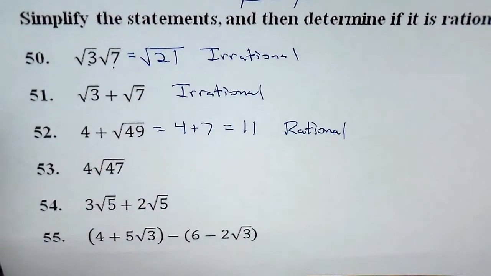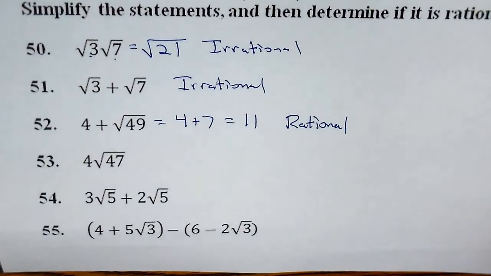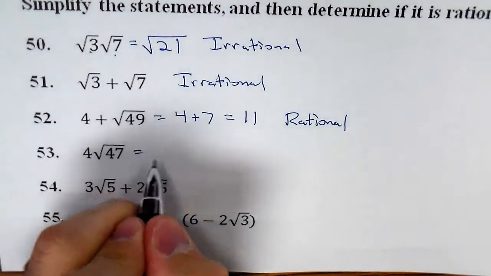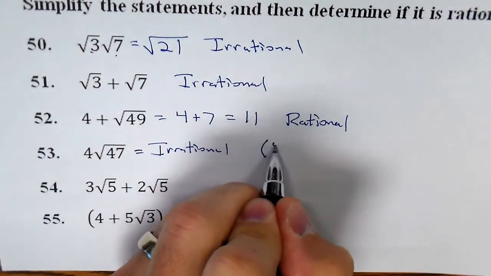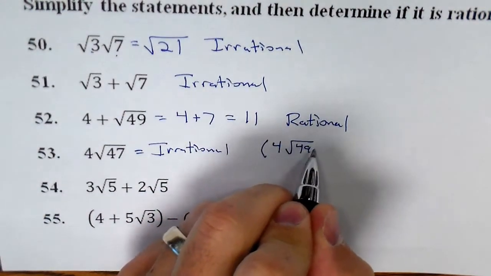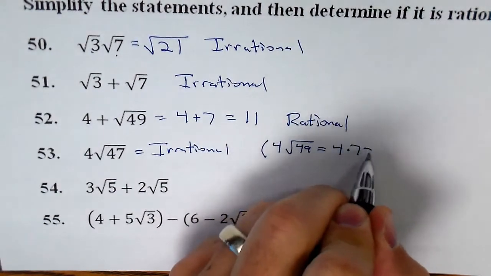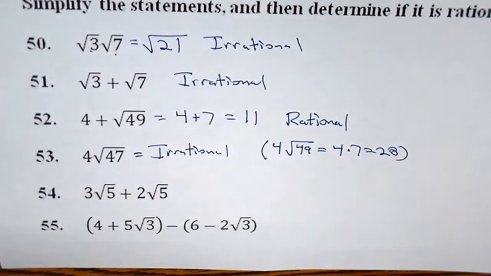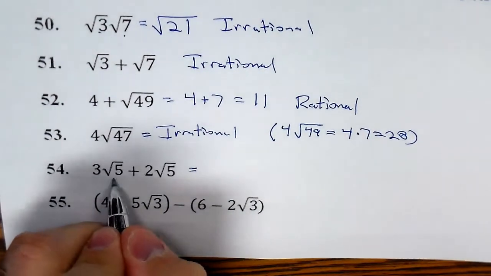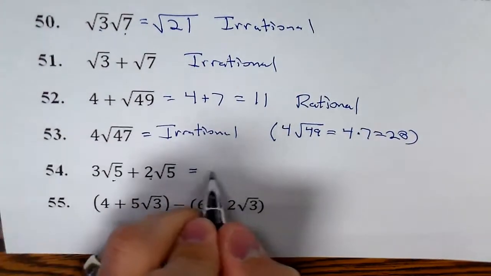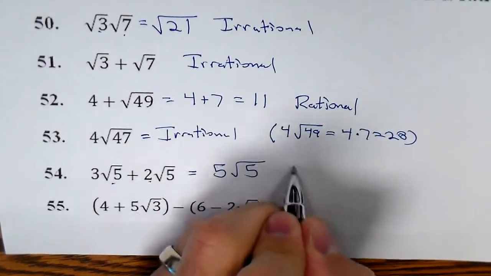Now 4 times the square root of 47, 47 unfortunately does not simplify, so that is an irrational number. But if it was 4 times the square root of 49, we could have made it 4 times 7 and 28, and it would have worked. For 54, we're going to combine like terms. I have 3 root 5s and 2 root 5s, so I have 5 root 5.